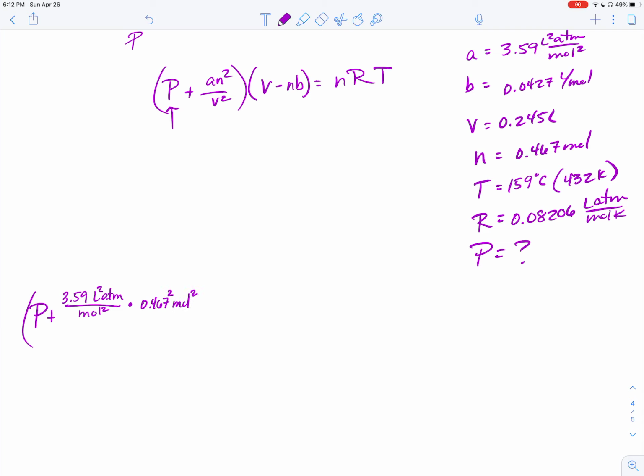So keep in mind whenever you square something, make sure you square the number and the unit as well. And then we're going to divide that by the volume squared, 0.245 squared liters squared. Okay, now the volume again, 0.245 liters minus the moles, 0.467.